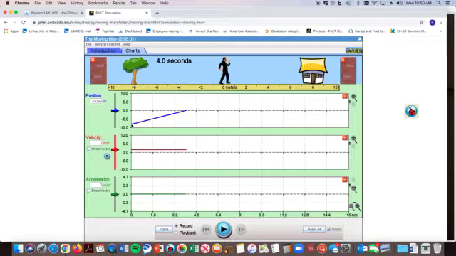So if he's at -8, after 1 second he should be at -6. After 2 seconds, he should be at -4. After 3 seconds, he should be at -2 because he's gaining 2 meters.